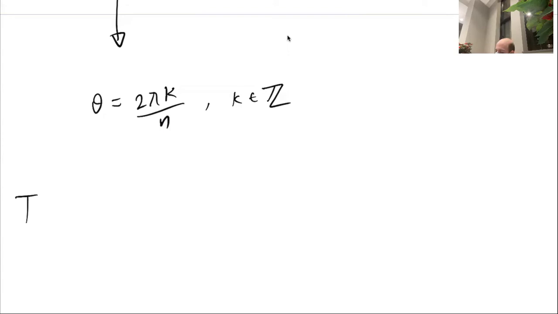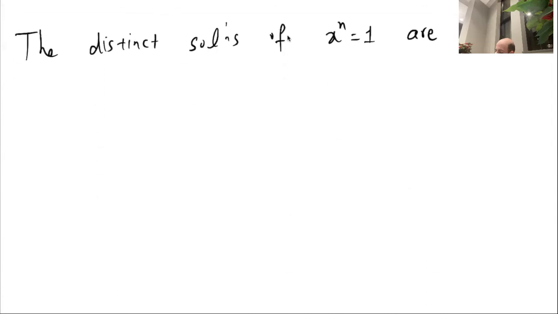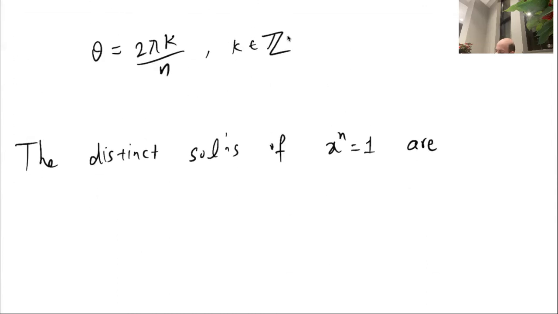So the distinct solutions of x to the power n equals 1 are z equals e to the power 2 pi i over n.